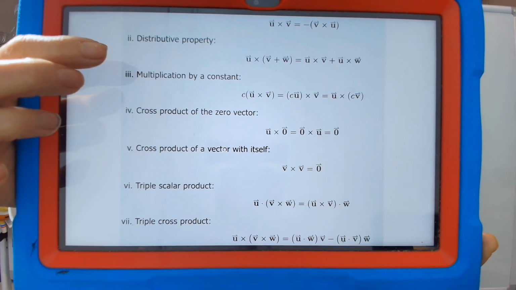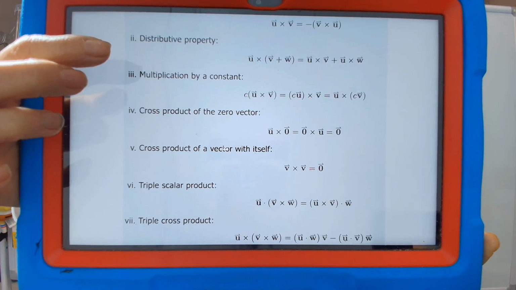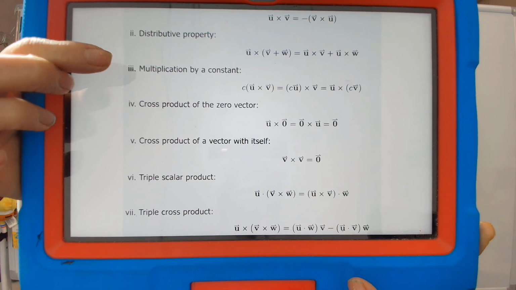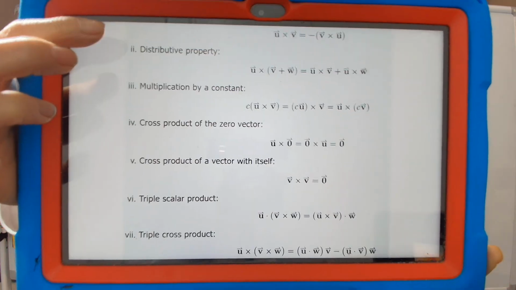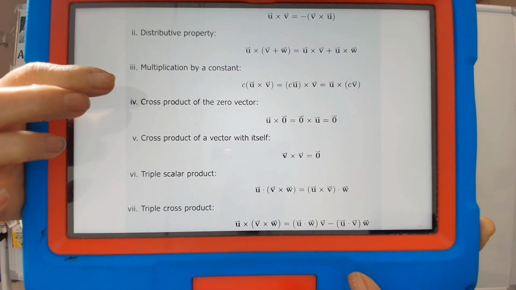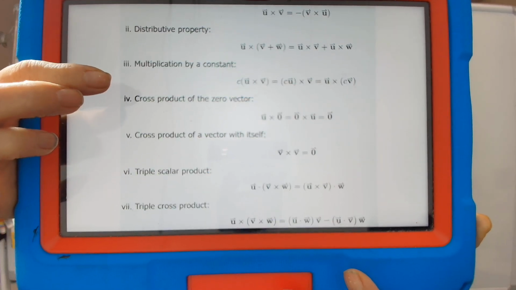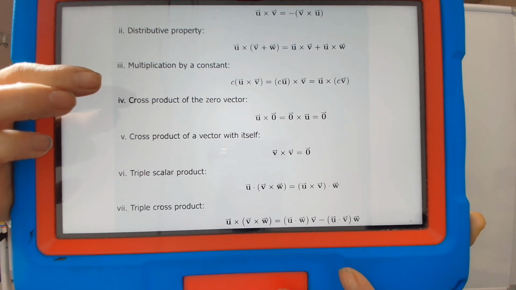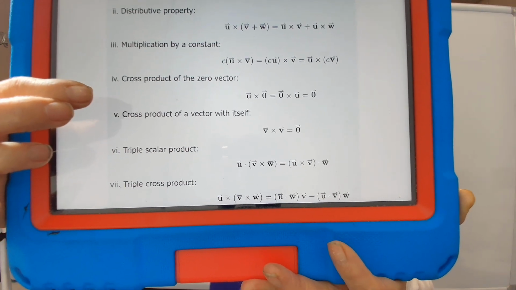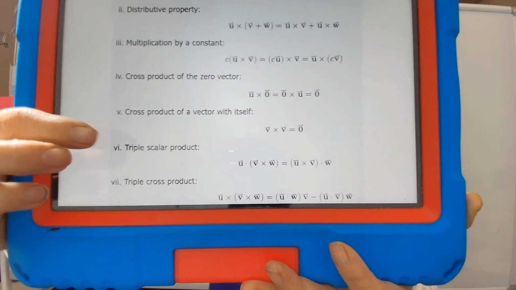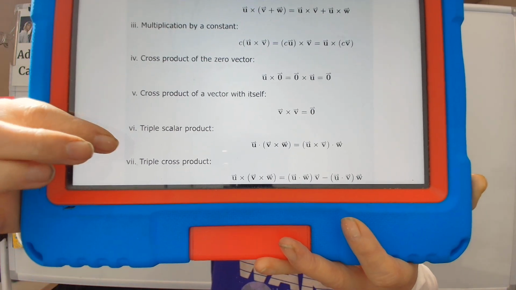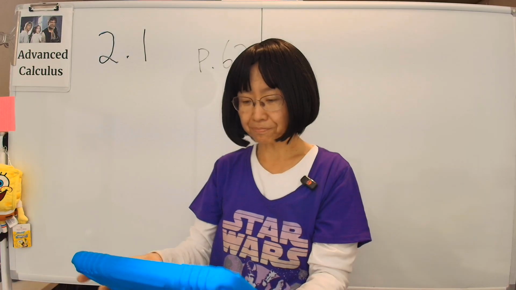The distributive property does work. If you cross something, you can cross each one. But remember, you can't flip things around, because if you flip it around, then you've got to slap on the negative sign. Multiplication by a constant does go in. The constant is able to go into each vector being crossed. And crossing a zero vector is 0. Crossing with itself is also 0.